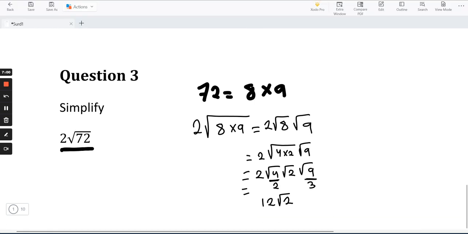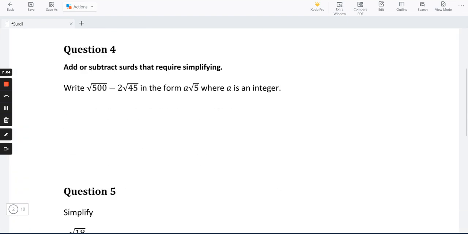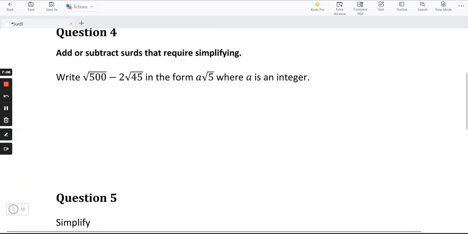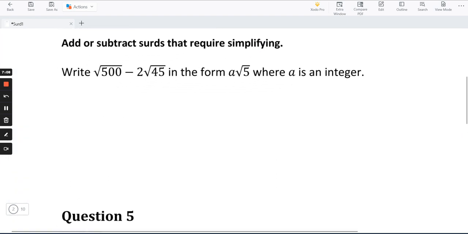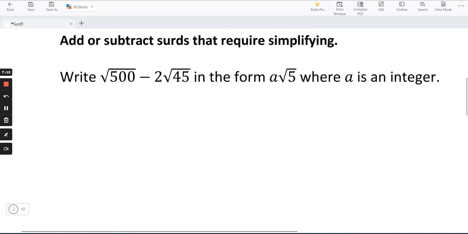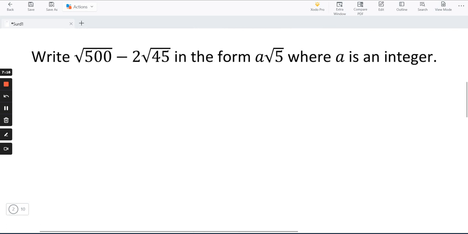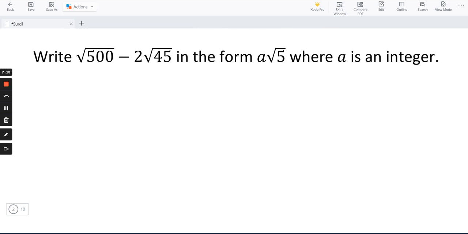Now question number 4. Add or subtract surds that require simplifying. Write square root 500 minus 2 square root 45 in the form a times square root 5, where a is an integer.